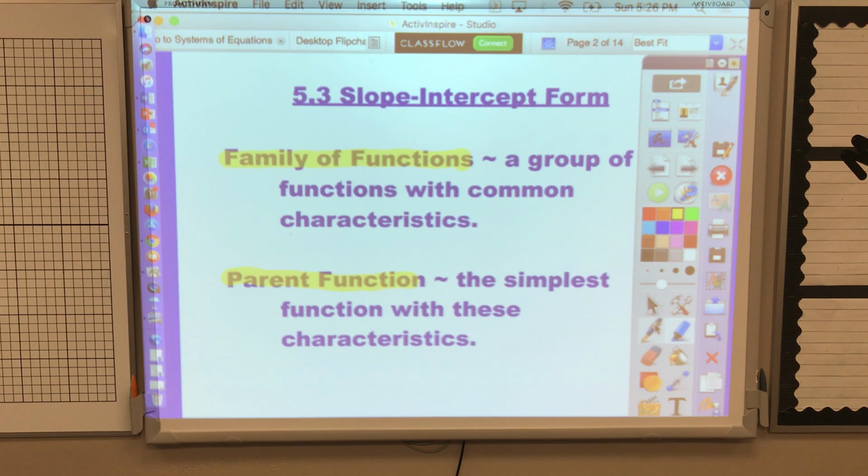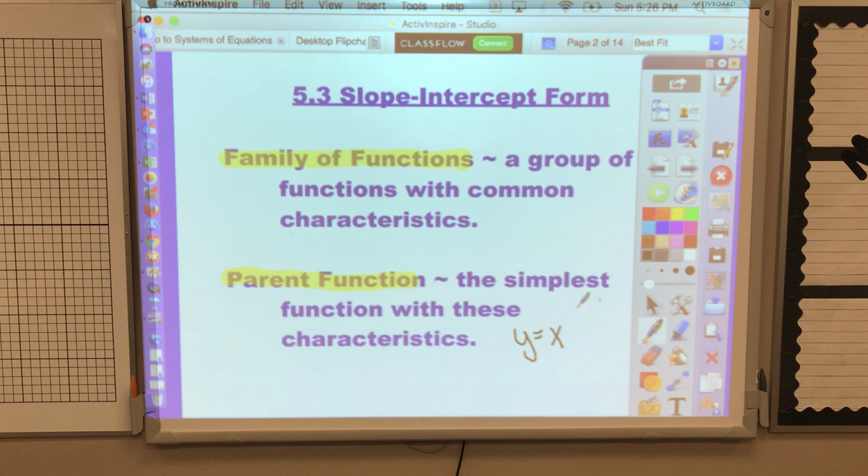And what that looks like is y equals x. That's the most basic type of linear function there is, making it the parent function. There are no actual numbers in it besides the coefficient of 1 on both the y and on the x, which makes it the most basic function there is.